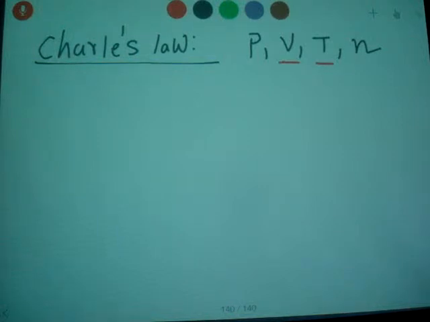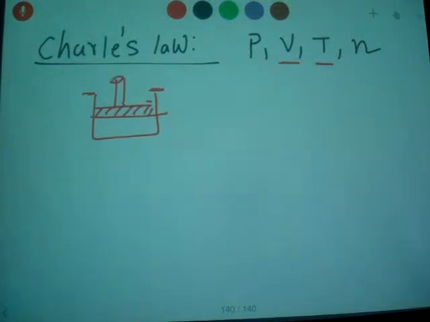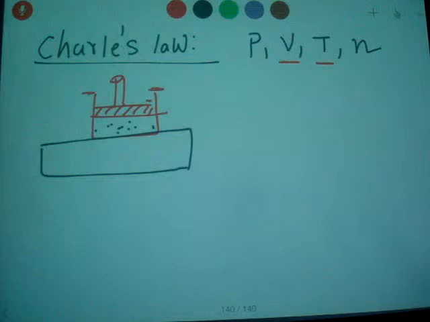What he did, let's say, I'm trying to explain with this, a piston and cylinder assembly, for example. Then he put some volume of the gas and heated it on a hot plate, or consider a Bunsen burner.